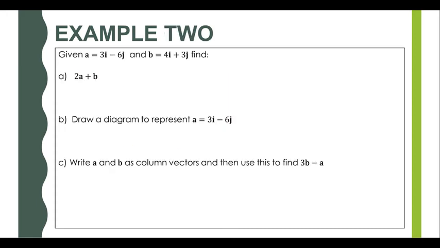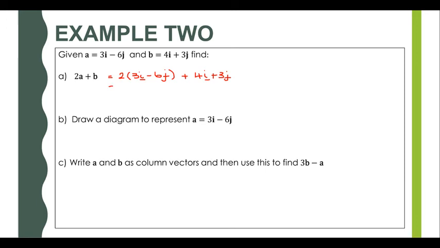We can do the same with this notation. So if we look at question A, we can substitute our vectors A and B. So this becomes 2 times (3i minus 6j). And again, I'm going to underline my vectors because I can't write them in bold. Plus b, which is 4i plus 3j.